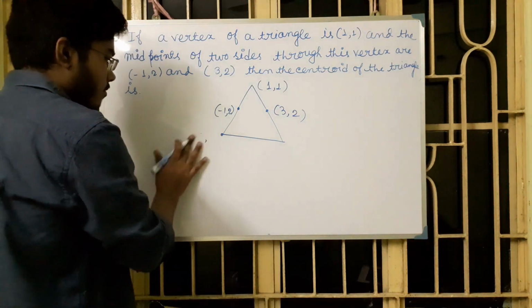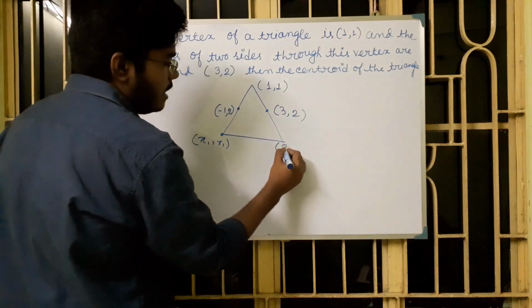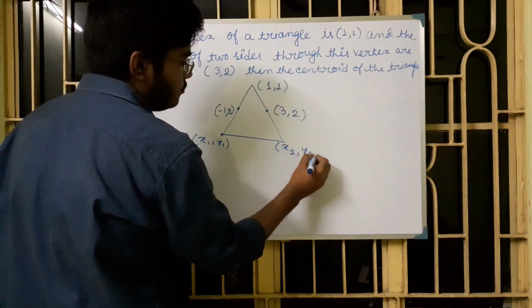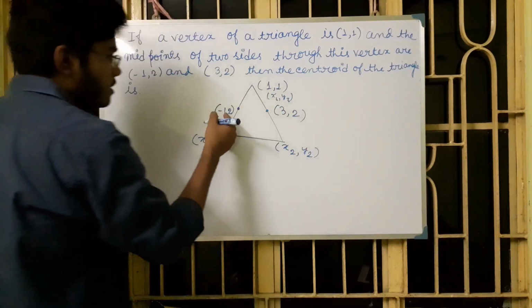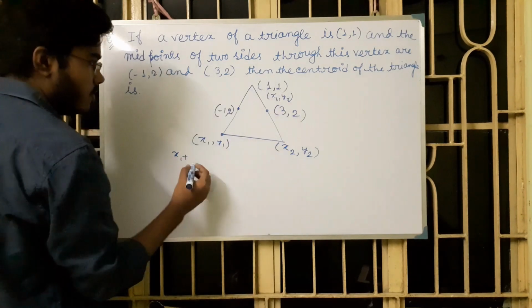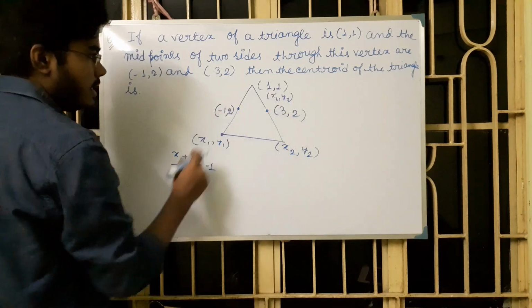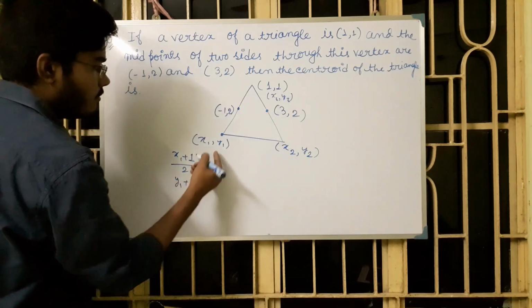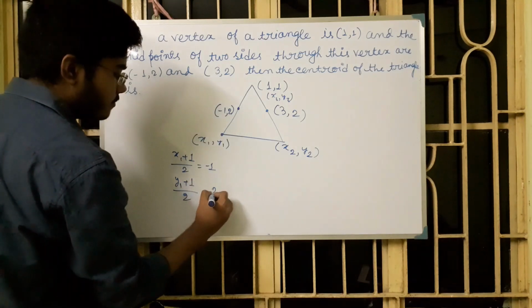Okay, first this is x1, y1, this is x2, y2, and let's say this is x3, y3. So what is the midpoint formula? (x1 plus x3) upon 2 equal to minus 1, and (y1 plus y3) by 2, that means (y1 plus 1) by 2 equal to 2.